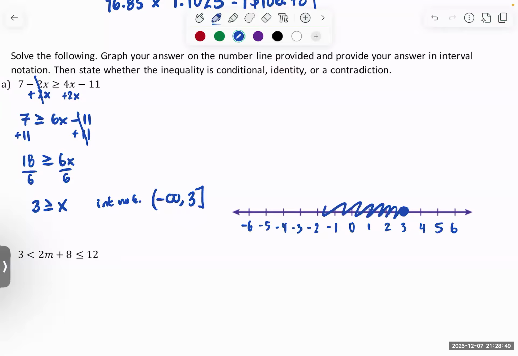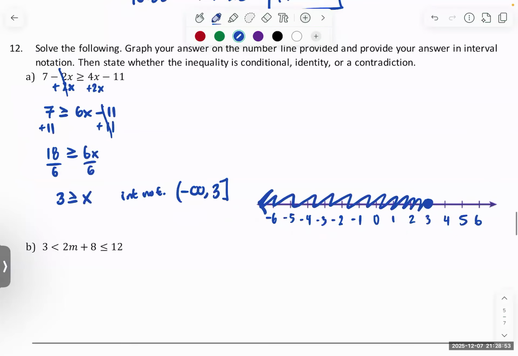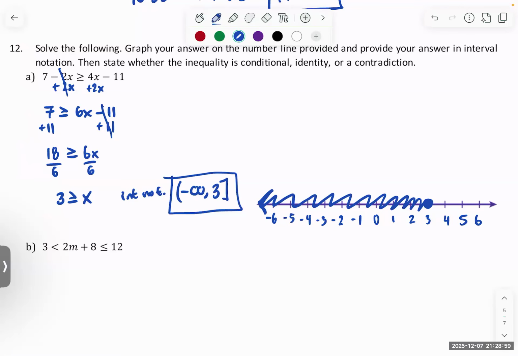And the solutions of x are this. And this would be a conditional. A contradiction is basically when you get something like -3 is greater than 2, which is not true.